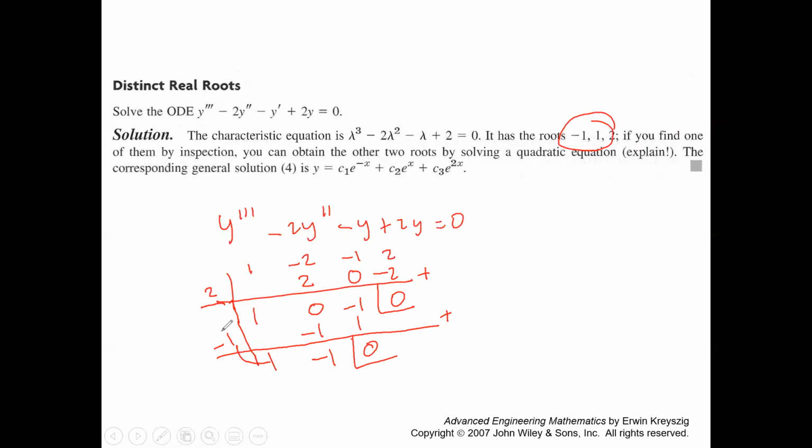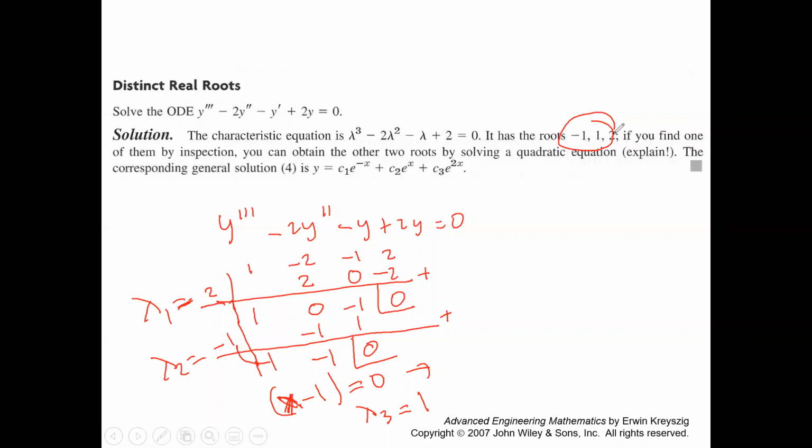So you have lambda squared plus lambda minus 1, and finally this factors into x minus 1 equal to 0. So lambda 3 equals 1, lambda 2 equals minus 1, and lambda 1 equals 2.